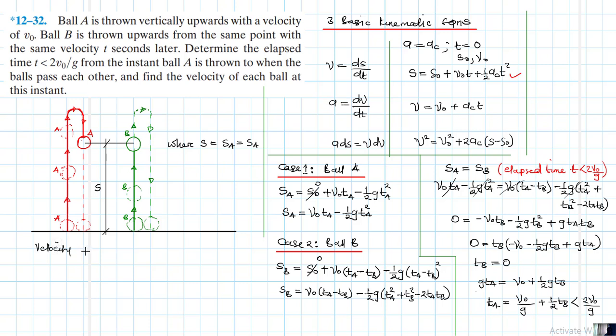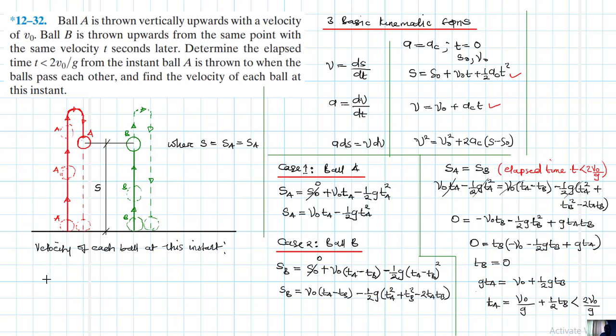The velocity of each ball at this instant. Okay, so let's do. Of course, at this particular point, we are going to use this equation. We are going to use this equation to find the velocities. And again, here we need to take into consideration this time difference.